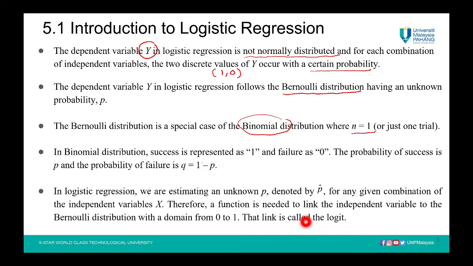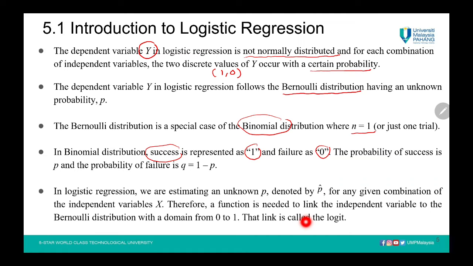As we know, there are two outcomes for the binomial distribution as well as for the Bernoulli distribution: success, represented by 1, and failure, represented by 0.